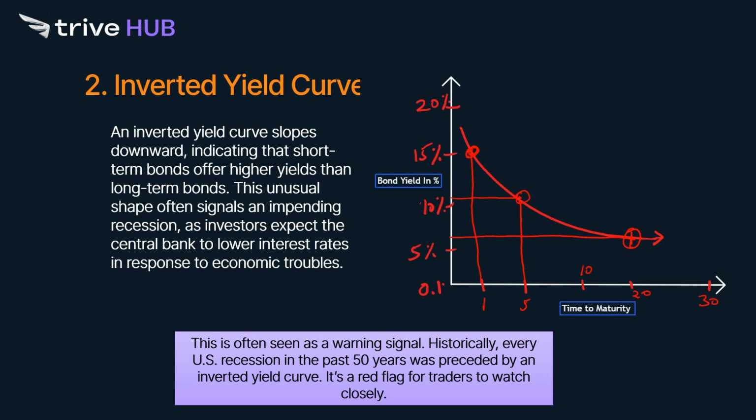It means the economy is going into a slowdown or towards a recession, and if the economy is slowing down, then of course its currency valuation will also be depreciating in the near future, so that has a direct impact on the forex market. Let's see the next one, which is the flat yield curve.